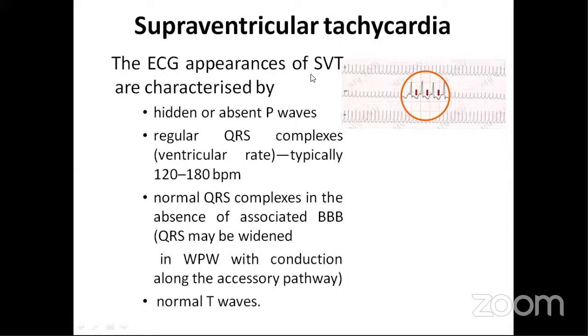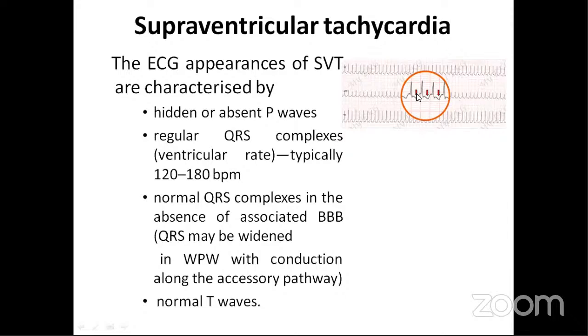And supraventricular tachycardia. Here you can see in the circle hidden or absent P waves. You only have a QRS wave, and the arrow shows the absent P wave.